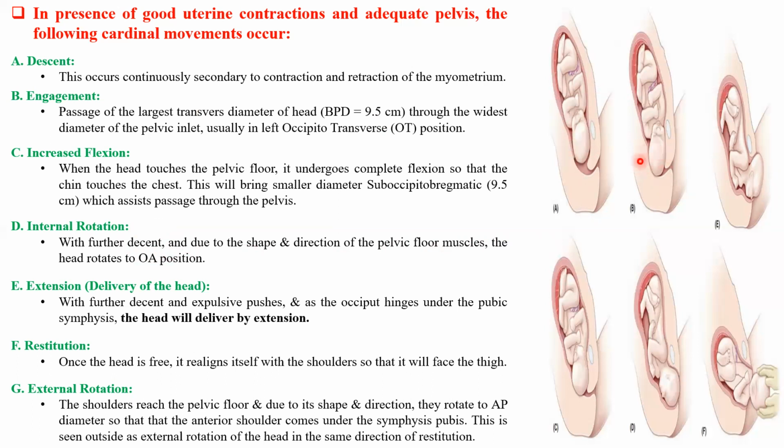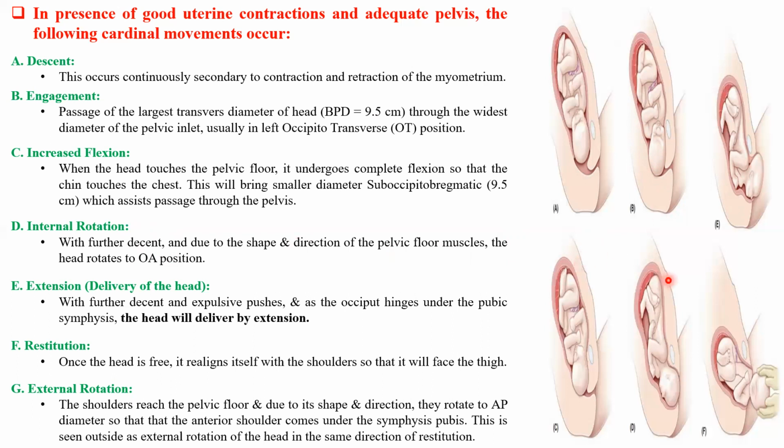Then once the head reaches the pelvic floor, increased flexion will occur to bring the sub-occipitobregmatic diameter to be the engaging diameter. Then with further descent, the head will rotate due to the shape and the direction of the pelvic floor muscle, so the occiput will be anterior and the head will be in the occipito-anterior position.